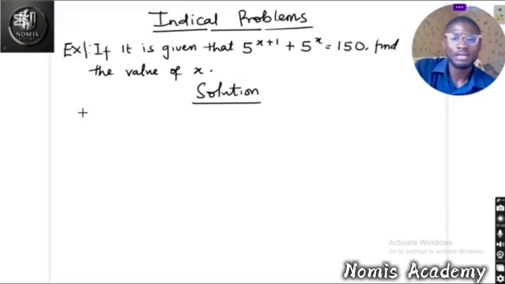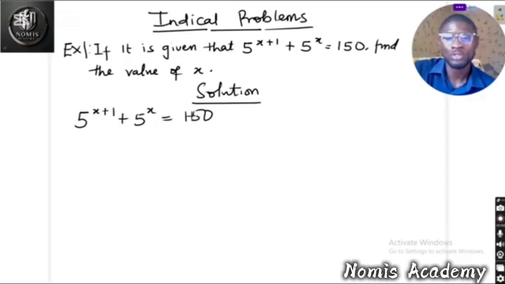So I will know that 5 raised to the power of x plus 1 plus 5 to the x is equal to 150 is the question given. We'll begin to transform this question using indices laws and other mathematical laws that are proven. So this can be written as 5 raised to the power of x multiplied by 5 raised to the power of 1.